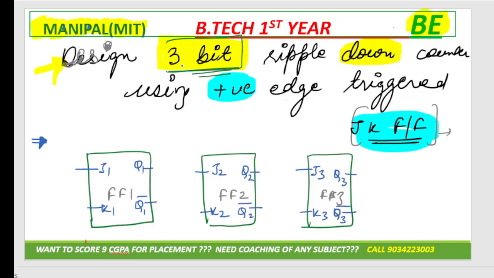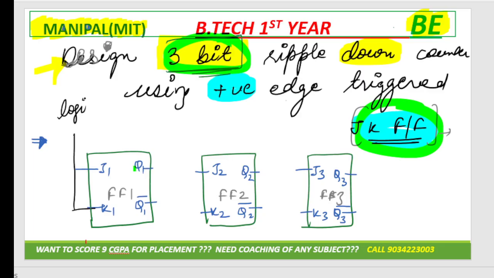Clear? यहाँ तक बताओ, यहाँ तक कोई डाउट? 3 बिट है तो I draw the 3 flip flop. JK flip flop they have mentioned, then we'll use JK flip flop. Now next step, J1 and K1 is connected with the logic 1. Similarly J3 K3 is connected with the logic 1, and J2 K2 is connected with the logic 1.